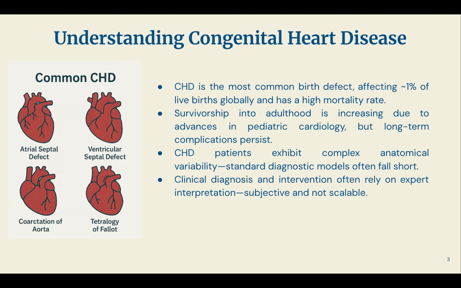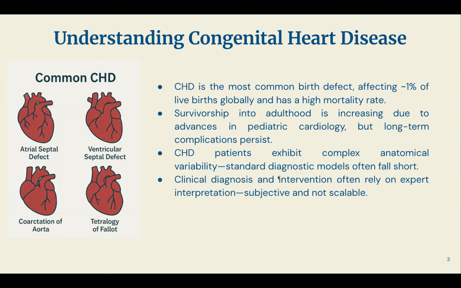Until recently we wouldn't expect this patient population to survive until adulthood, but survival has been increasing due to diagnostic and treatment improvements. There are well over seven different types of major cyanotic CHD, so a lot of standard diagnostic models fall short and end up relying on expert interpretation. That's where our project need starts from.